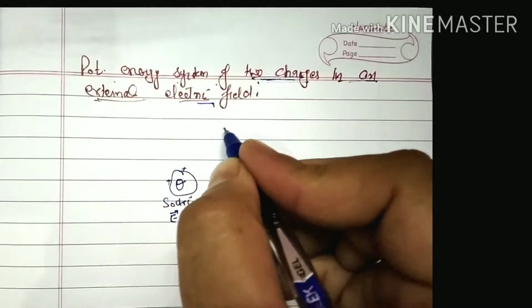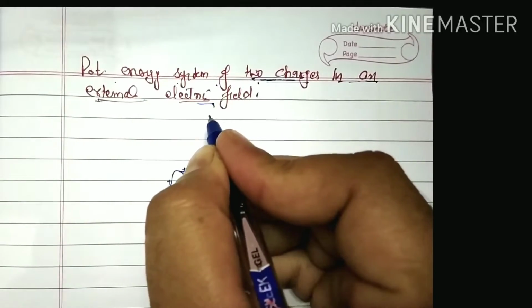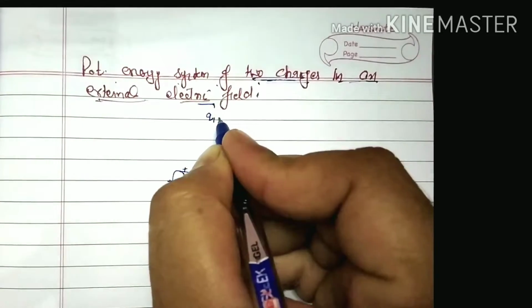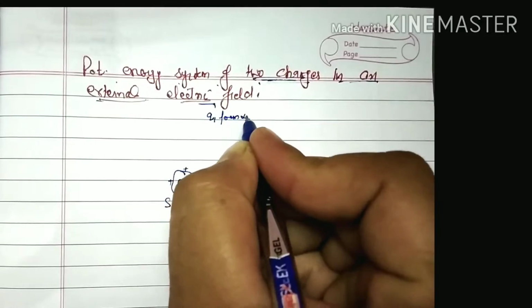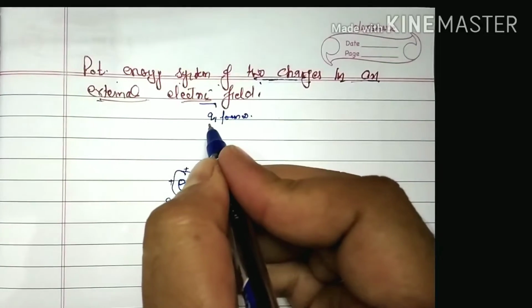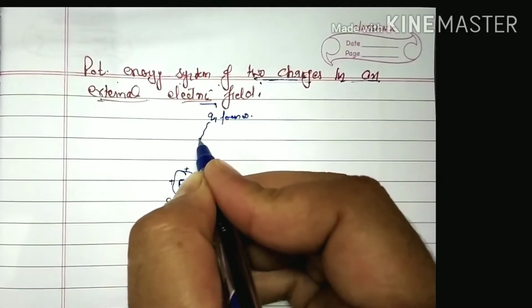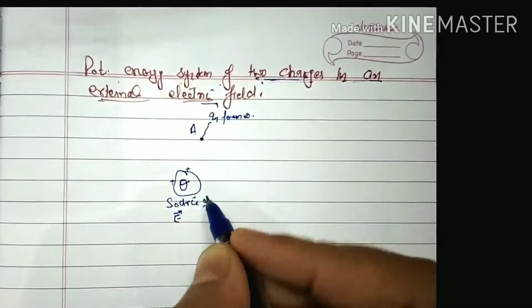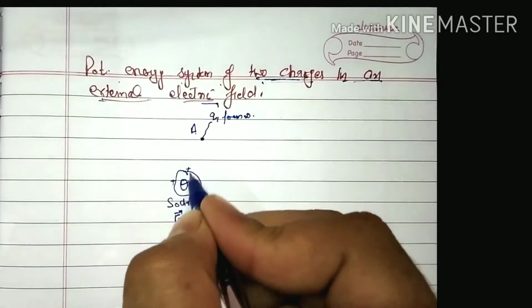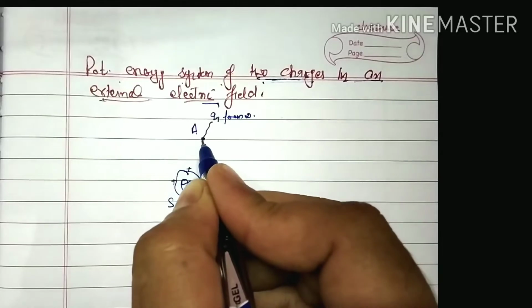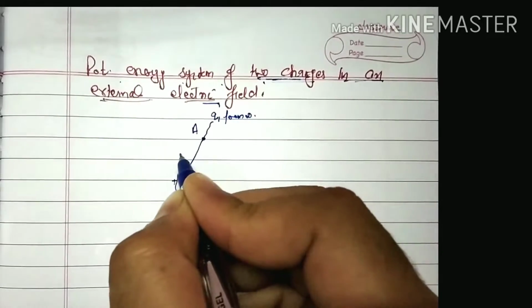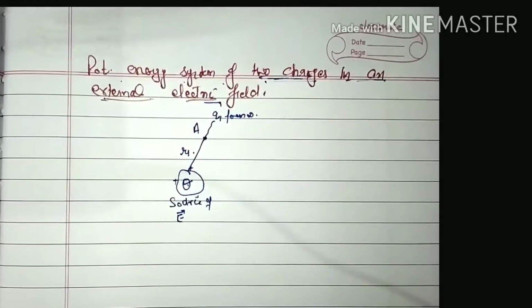Suppose we are going to bring a charge Q1 from infinity. So we have brought this charge and kept it here at point A in the field of this source charge, and let its distance be R1.